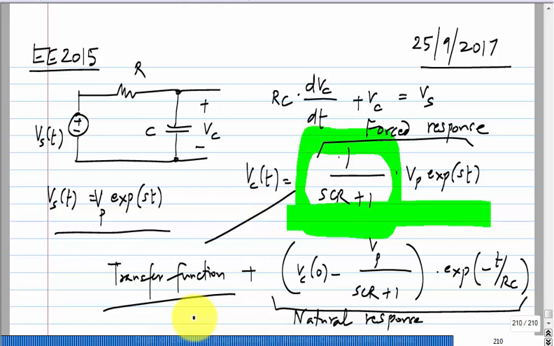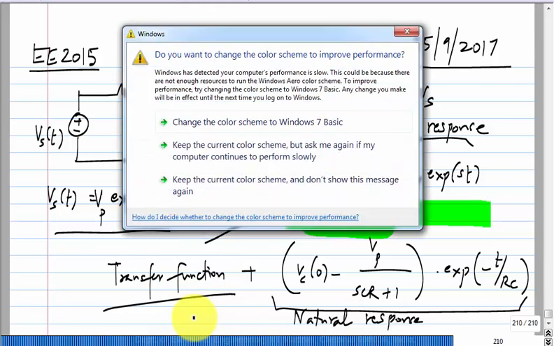Now, while we did this for a first order system, it is quite easy to find this multiplier, or transfer function, for systems of any order, right?